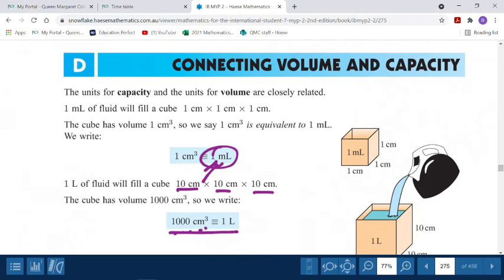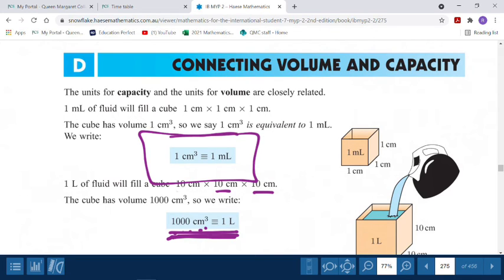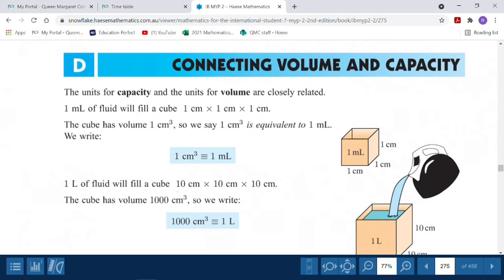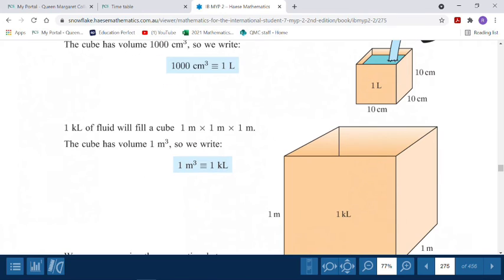So you don't have to memorize this one, but the first one you must memorize, no questions asked. Okay? All right. So you can ask questions about how to memorize it? I don't have any idea how to. You come up with something and let us know. Okay? Right? And then finally, one cubic meter is the same as a kiloliter.